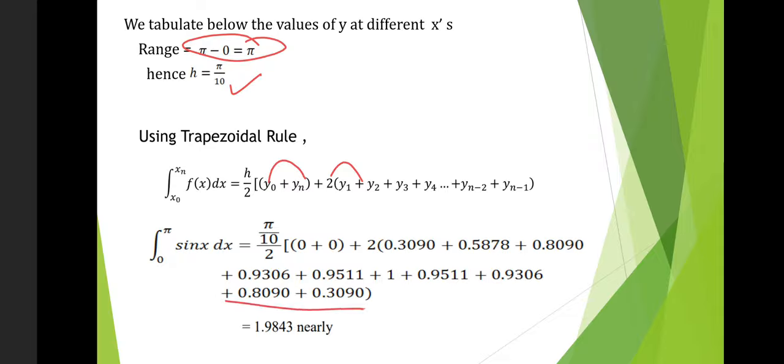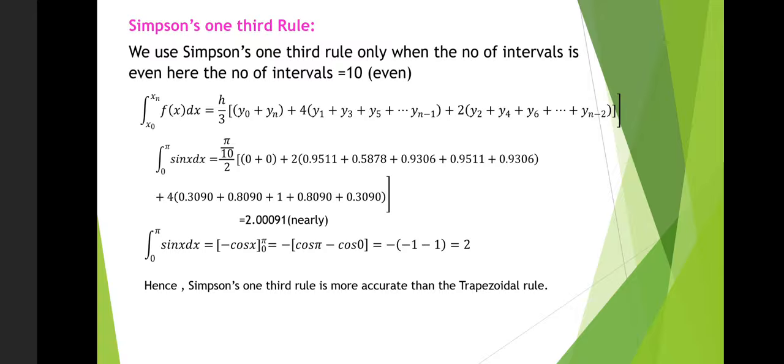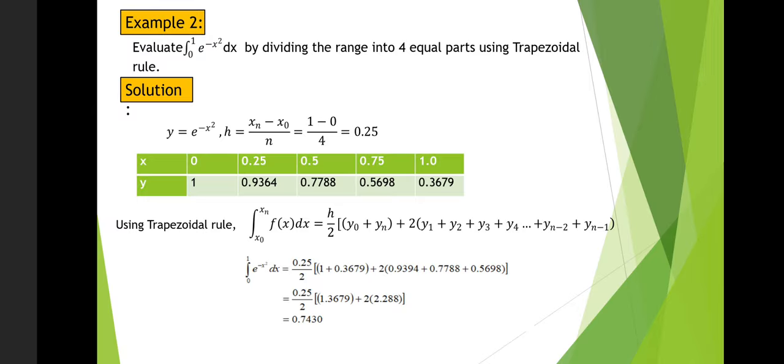After simplifying the calculation, we get the integral from 0 to pi of sin x dx equal to 1.9843. This is the approximate value obtained using the trapezoidal rule. Next we will solve the same problem using Simpson's one-third rule and compare the two answers.